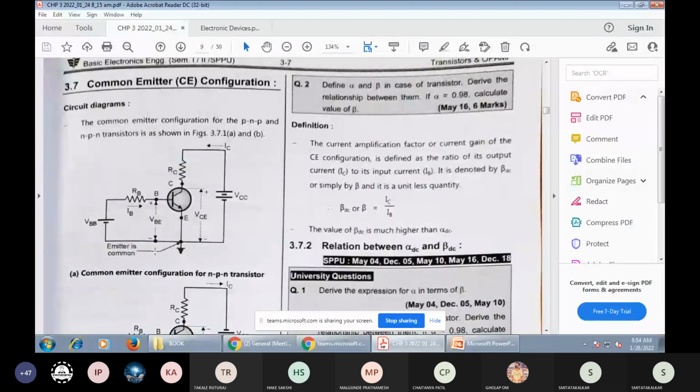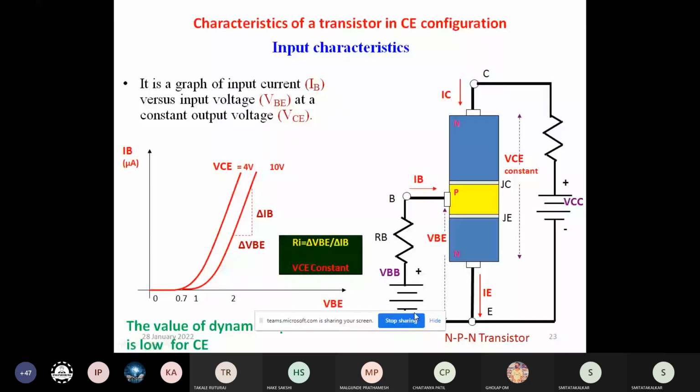emitter terminal. The emitter terminal is connected to the negative side of the input, and the base terminal is connected to the positive side of the input. That's why the positive terminal of VBB is connected through the resistor to the base terminal, and the negative terminal is connected to the emitter terminal.